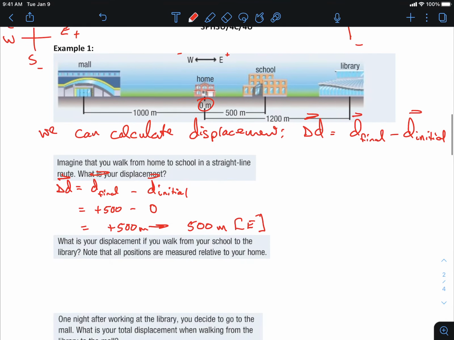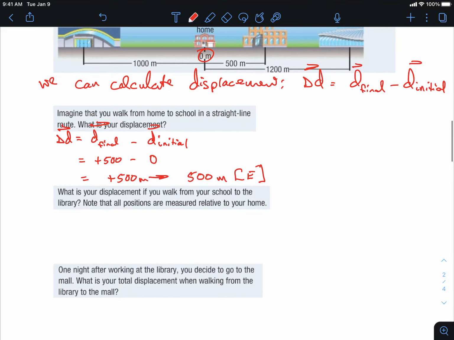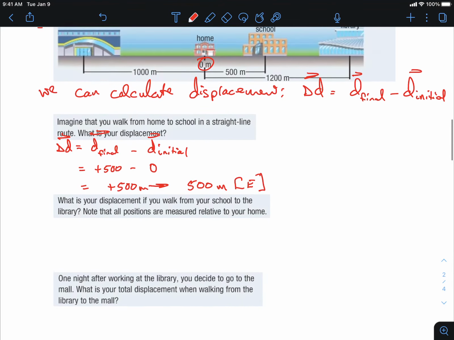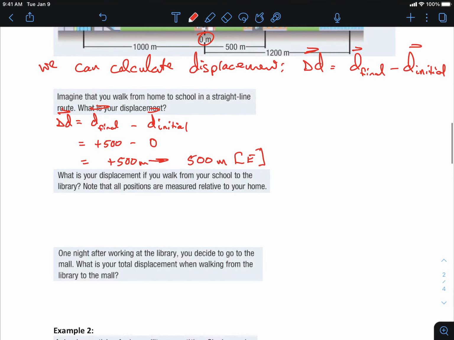But what if I decided, okay, what is your displacement if you walk from school to the library? Okay, so you're standing at school. All right, we're going to go delta D, D final minus D initial.